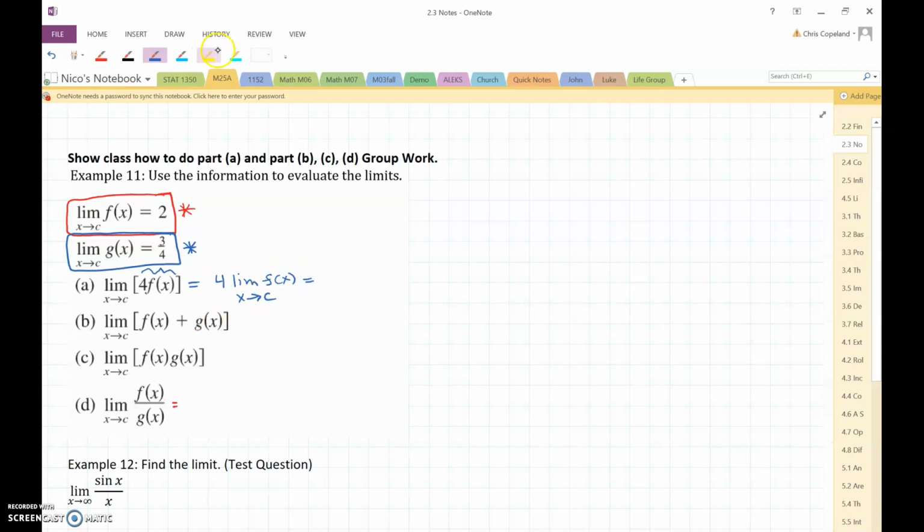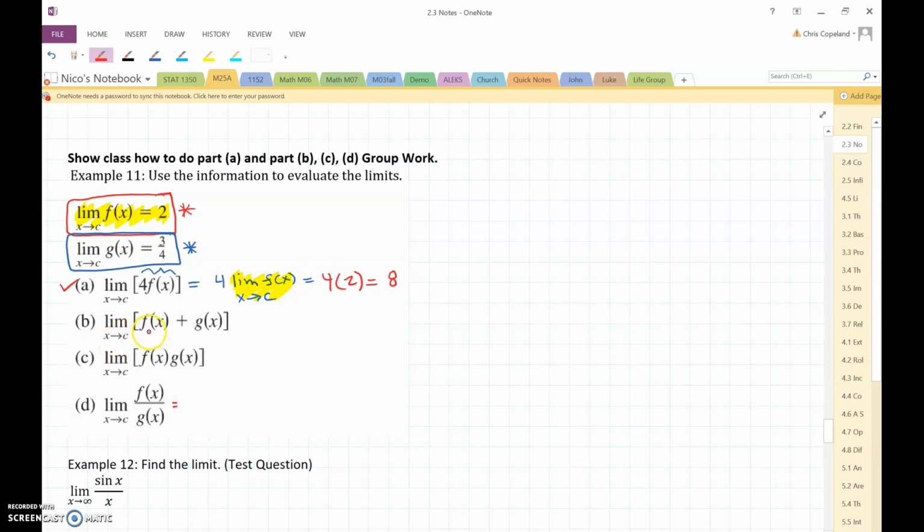Then we know that this limit here is equal to 2. So I can write 4 times 2, which would be 8. So there's A.